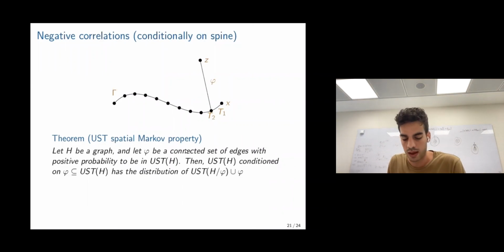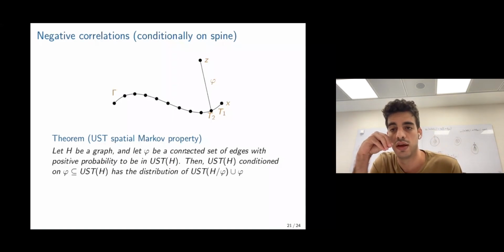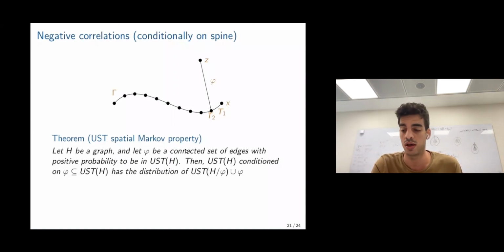And what I want to tell you is that if we condition on this phi to be in the UST, then the rest of the UST is distributed as the UST of H mod phi. Now, what's H mod phi? You simply take all the vertices of this phi and you contract them into a single vertex. So you obtain a new graph and you sample UST on this new graph. And this is indeed how the rest of the UST looks like.